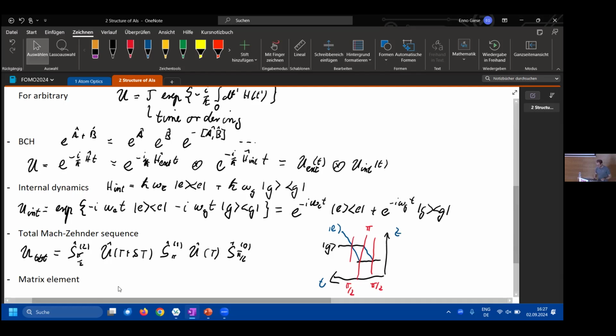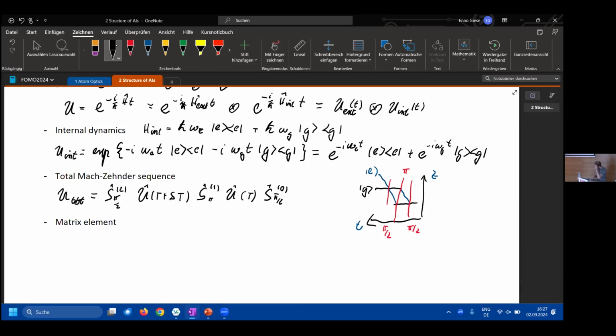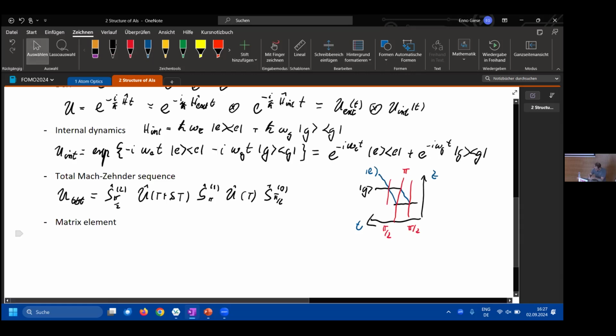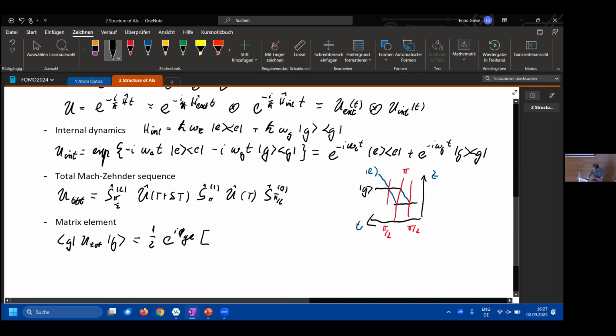So now let's talk about the matrix elements. I will demonstrate to you that the matrix element G, U total times G, takes the form of 1/2 e to the i phi global, a global phase. We won't be interested in that. And then a superposition of U1 plus U2.